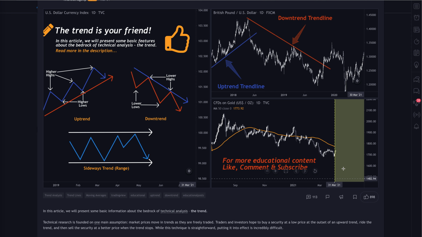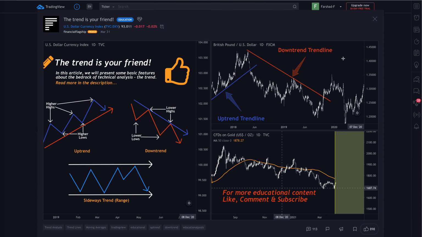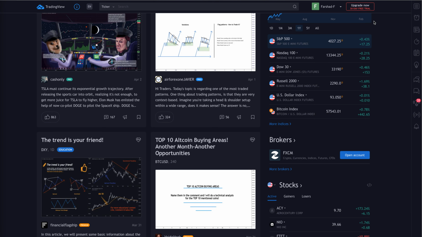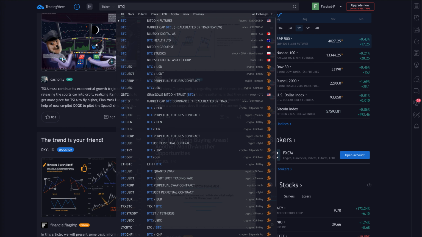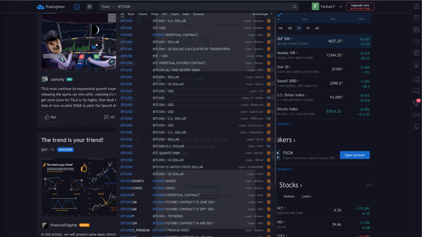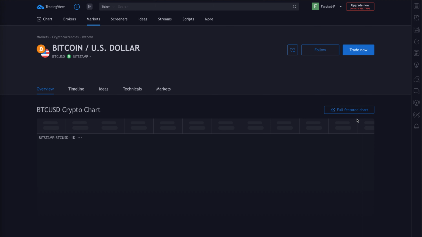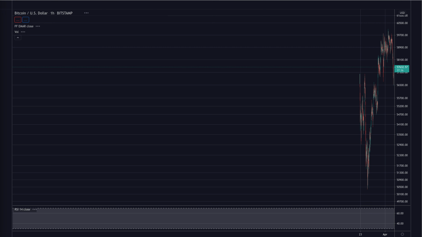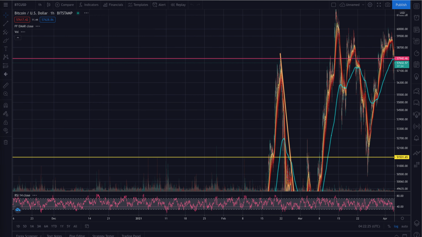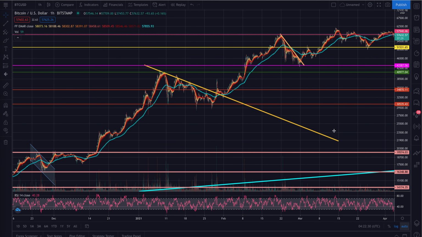So, yeah, I'd like to show you a price chart for Bitcoin before I leave you with this, and show you how I tend to draw these trend lines so you can have a look. Let's resize this chart.